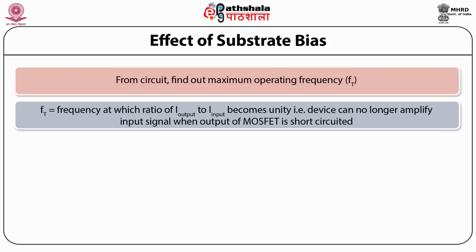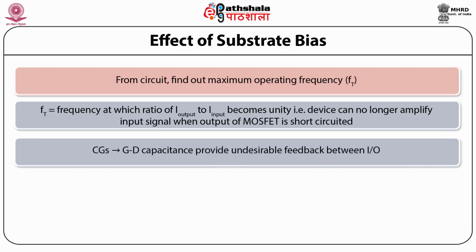Now from this circuit, at higher frequency, we consider the capacitive coupling between the device terminals, that is CGS is the MOS capacitance given by ZLC, where C is equal to C naught Cj by C naught plus Cj, and CGD is the gate to drain capacitance, which provides undesirable feedback between input and output.